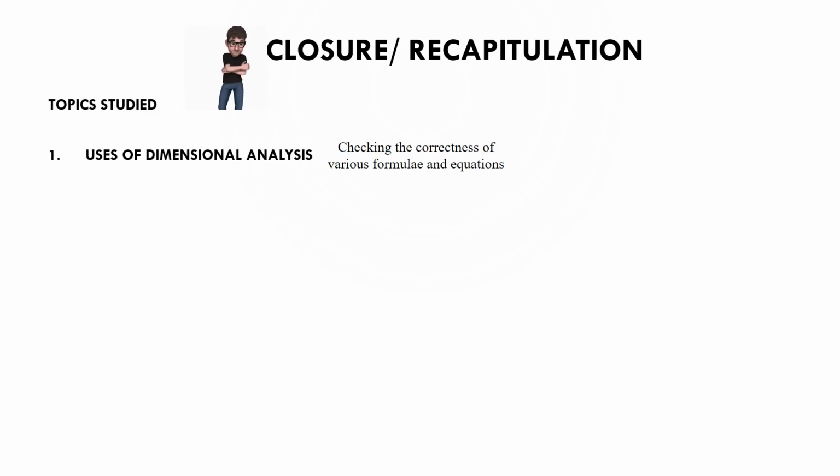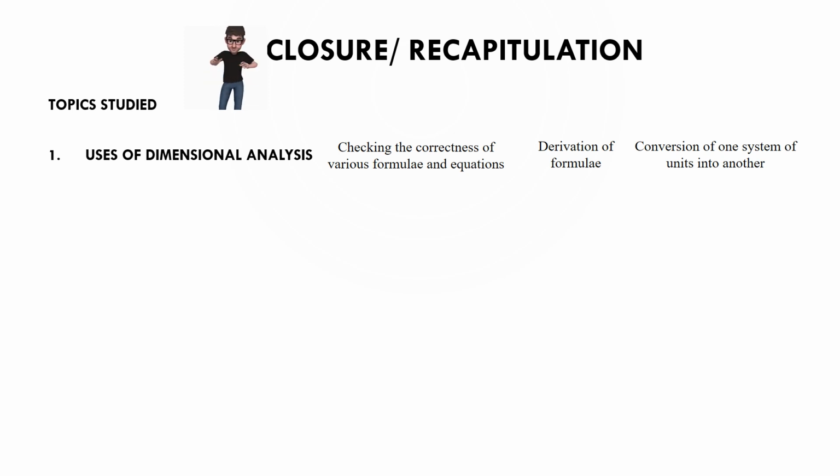Now let us recapitulate what we have studied. We studied the uses of dimensional analysis. First, to check the correctness. In this video, we have found out how to do that. Derivation of formulas is done in another video, please check that out.